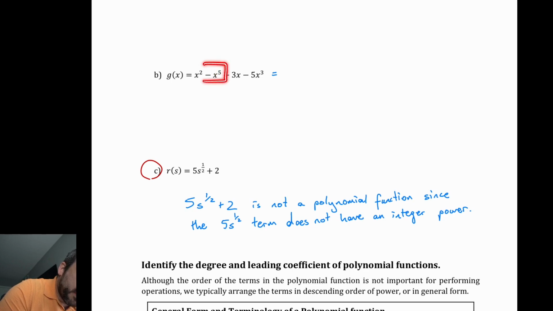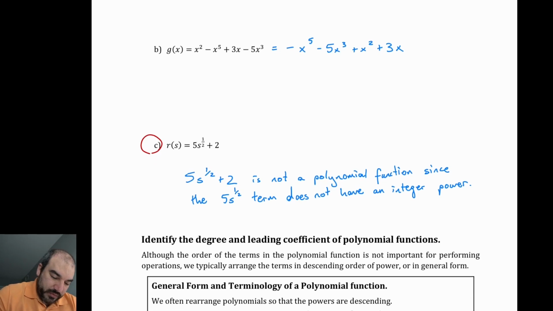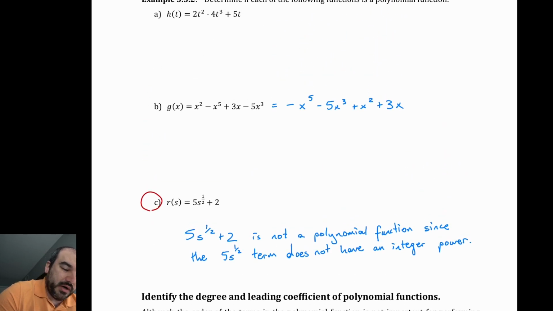So I'm going to put this term first and then carry on going down to the next biggest power term, which is the negative 5x cubed, and then the x squared, and then the x, right? So now that I have this in descending power order, I have this in general form.